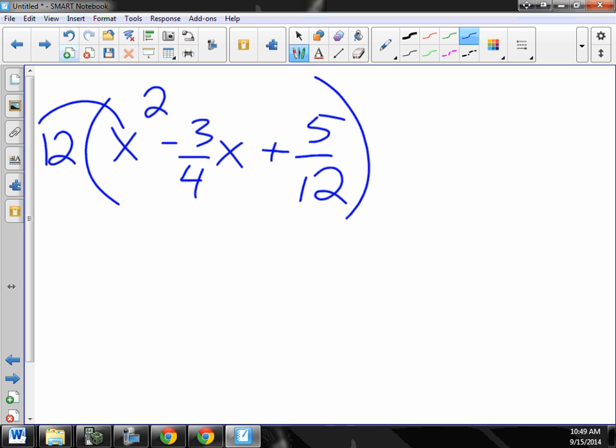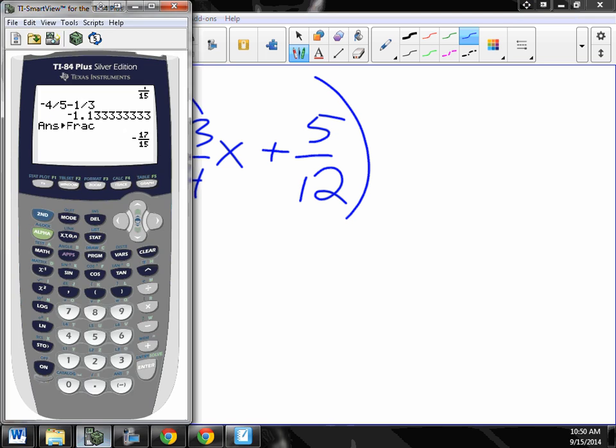What does that give me? 12x squared. This one's a little bit tricky. What's 12 times 3? 36. And what's 36 divided by 4? 9. If you don't understand that, you can just do 12 times negative 3/4, math fraction, negative 9.